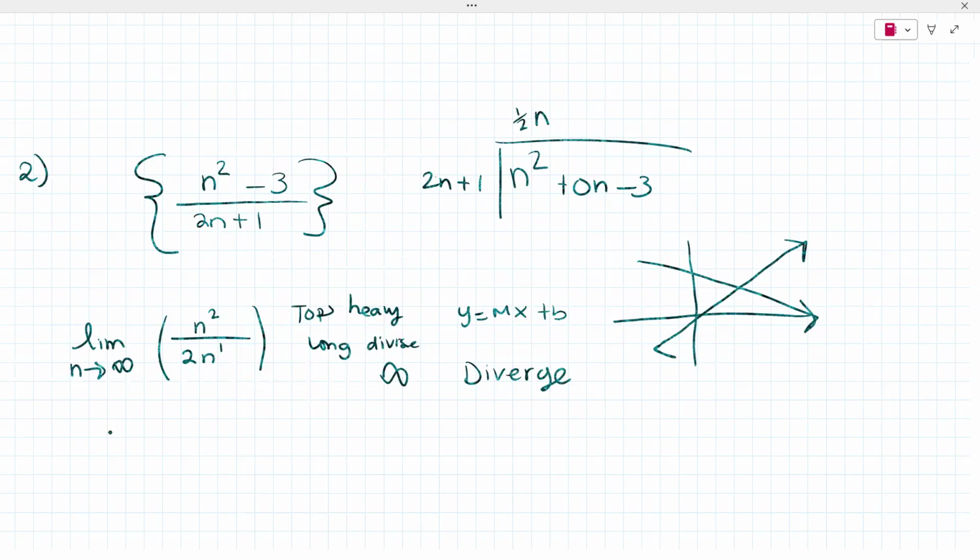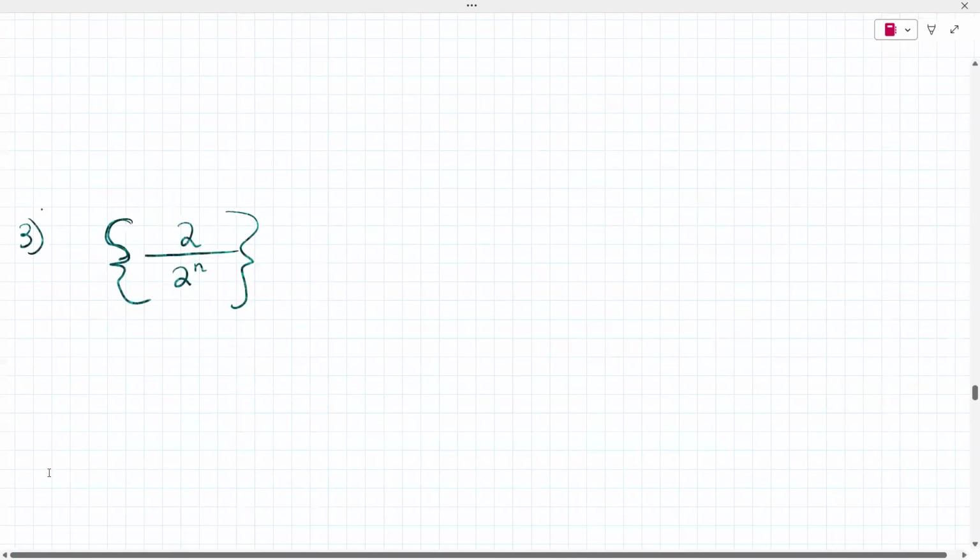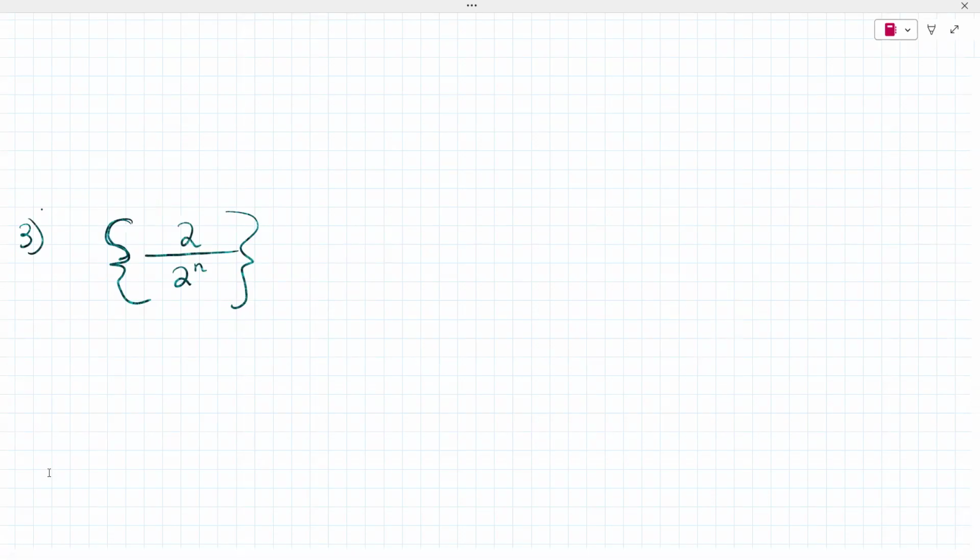Okay, let's move on to example 3. So we have 2 over 2 to the n. I don't know what this type of function is. I really don't think it's a rational function.